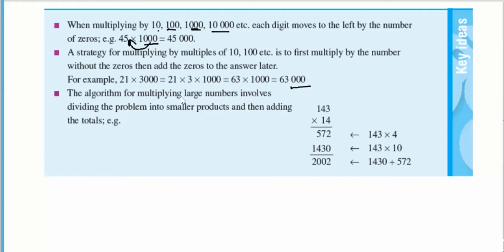The algorithm for multiplying large numbers involves dividing the problem into smaller products and then adding the totals. For example, 143 multiplied by 14.